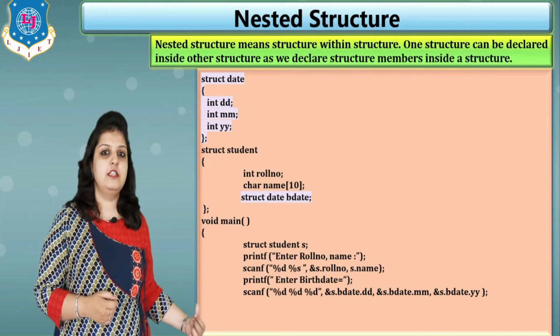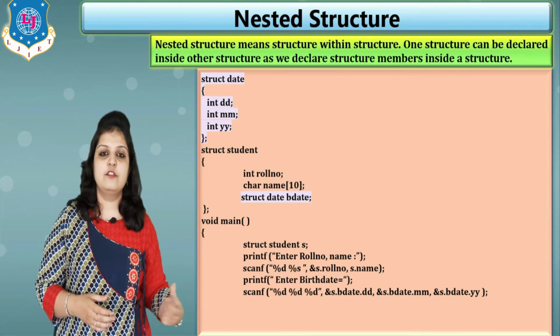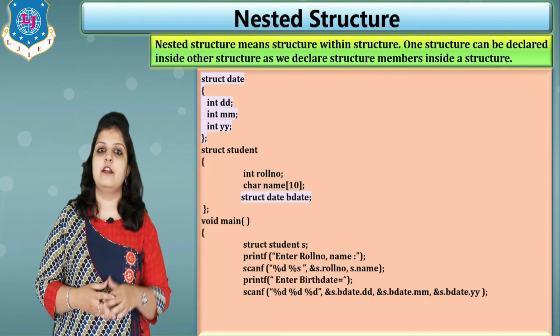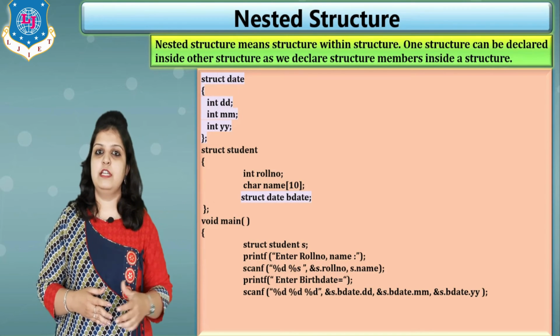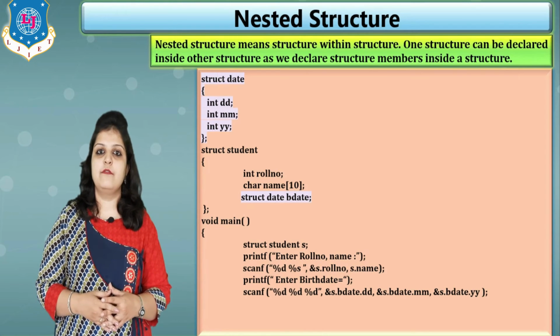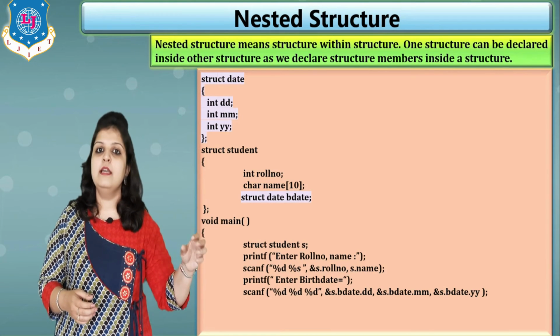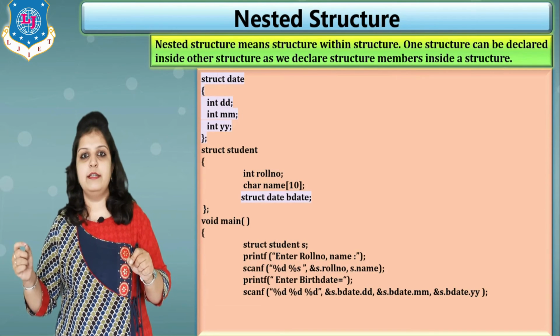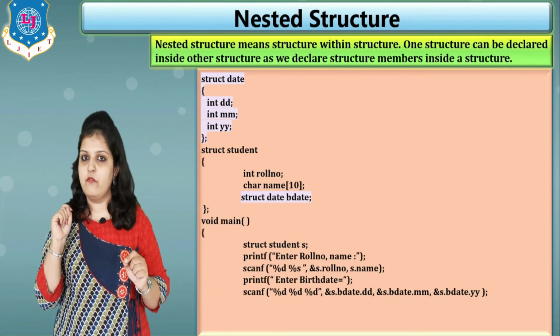Here I write printf, enter birth date. I am writing three %d because of date, month and year; for all I have used integer as the data type. So for our first member we have to enter ampersand s dot bdate dot dd, that is member 1.